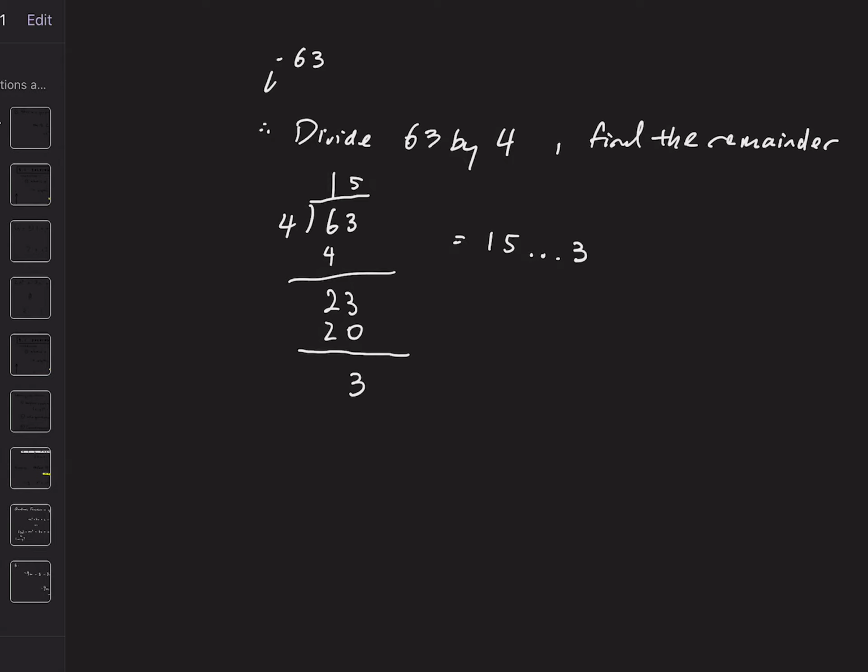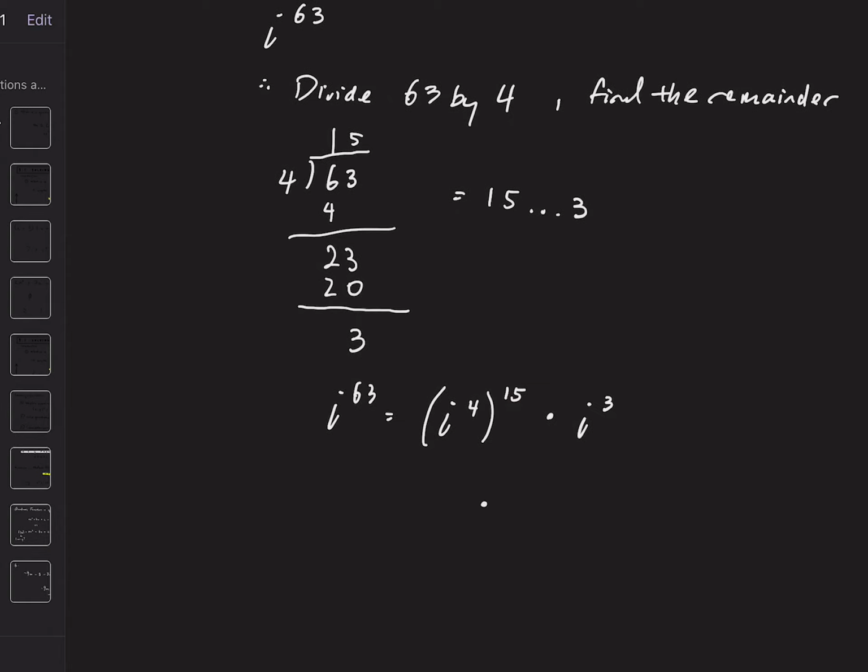If I were to rewrite this in terms of just powers, what I'm doing here is basically stating this: i to the power of 63 equals i to the power of 4, then to the power of 15, times i to the power of 3. As we know, i to the power of 4 is just 1, so i to the power of 63 is actually just i to the power of 3.